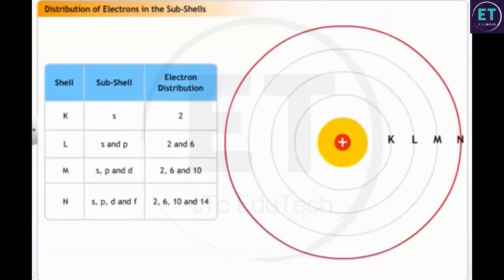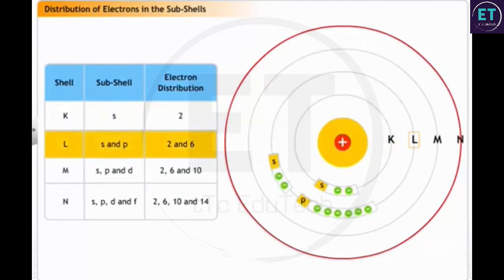Electrons are distributed in their respective shells and subshells. The first energy level, K, can have one subshell which can accommodate 2 electrons. The next shell is the L shell, which contains S and P subshells, where the S subshell accommodates 2 and the P subshell 6 electrons.